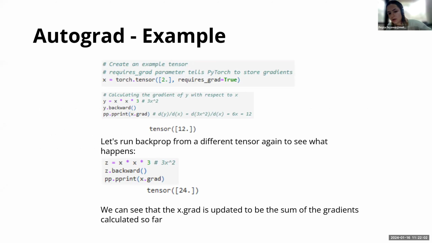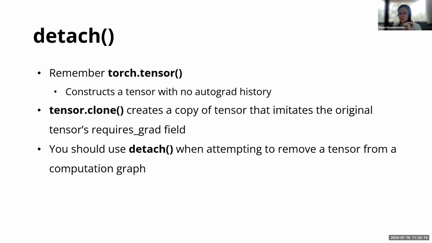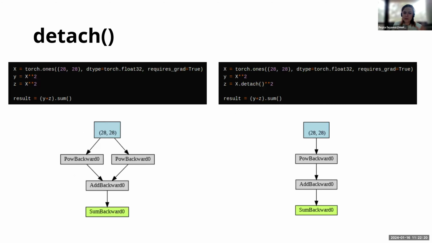If we want to remove this tensor from our computation graph, which is the backward chain, we need to use detach. Let's have an example.